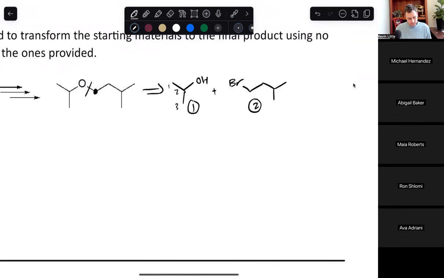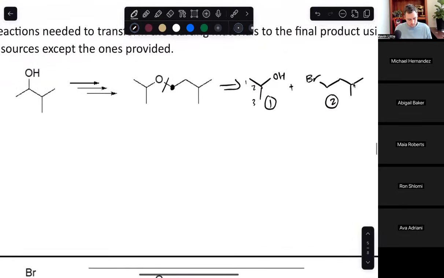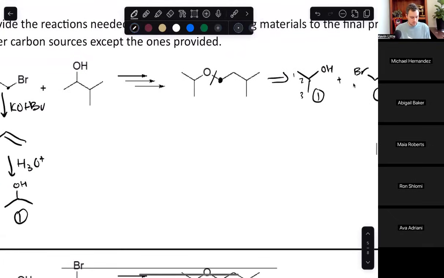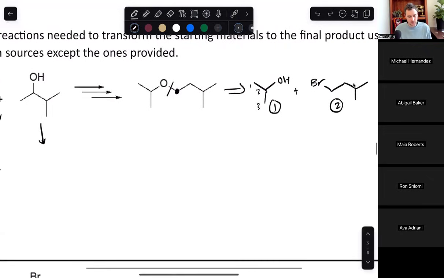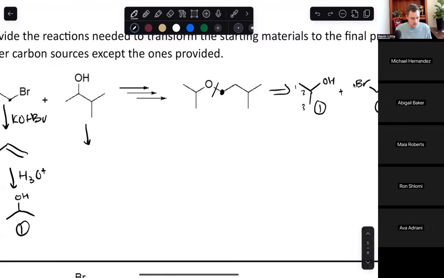Likewise with piece 2, I need to eliminate this OH. Well, I'm going to do this the right way. I'll explain why I'm doing it the right way. If you do it the faster way, you might lose a point or two. So I want to turn this OH into a leaving group. I'm going to substitute it out with bromine first, because that gives me more options.